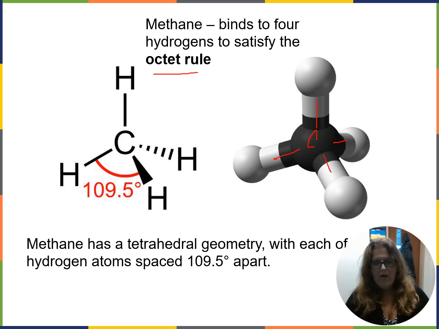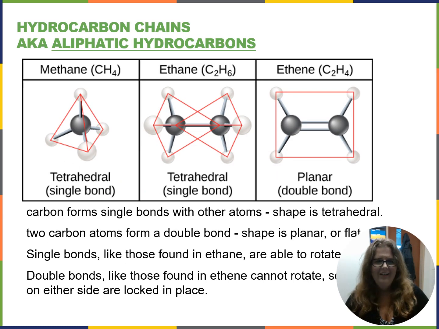And then tetrahedral geometry, we're getting a little bit more into the chemistry of it, but it allows them to be spaced 109.5 degrees apart. So we have hydrocarbon chains, we have tetrahedral, single bond here. Ethane is also tetrahedral with a single bond, and ethene is planar with a double bond.